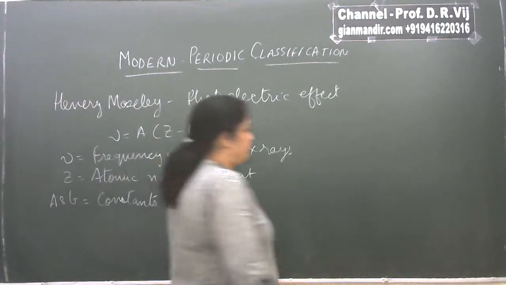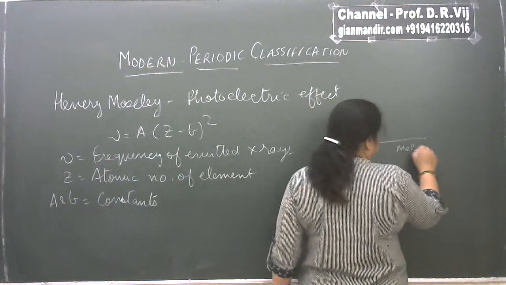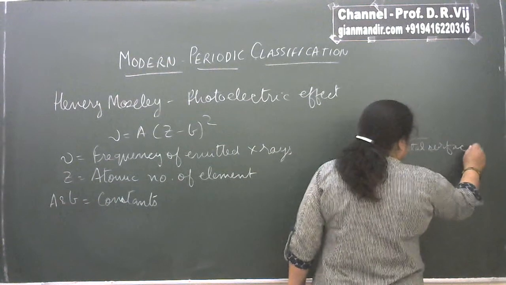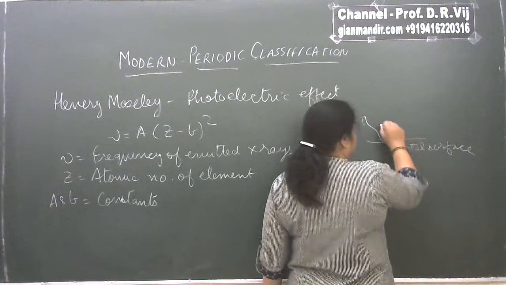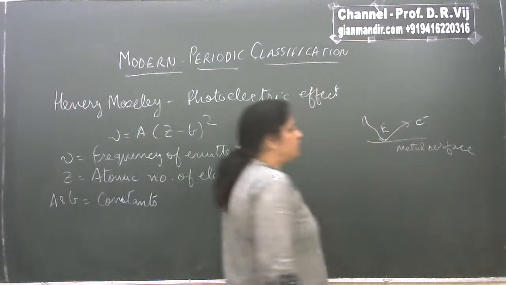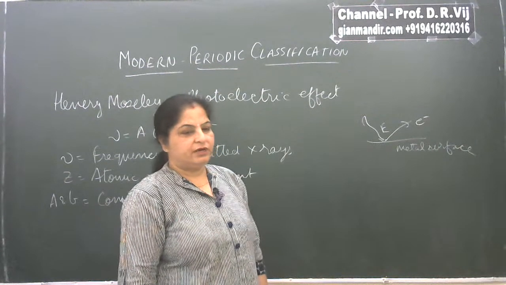So what is the photoelectric effect? It is observed that when a metal surface is irradiated with radiation of a certain minimum energy, electrons are ejected from the surface of the metal, and that is known as the photoelectric effect.